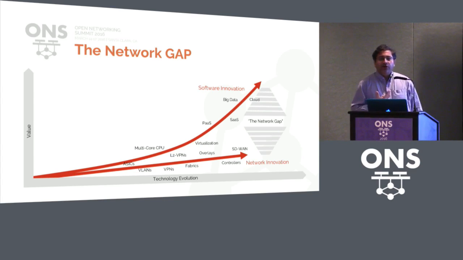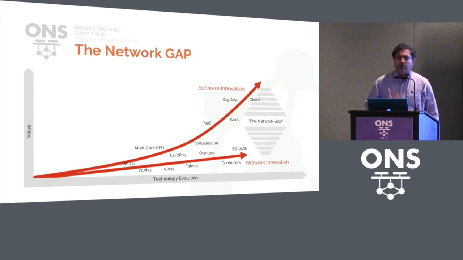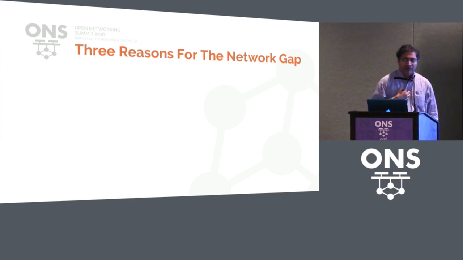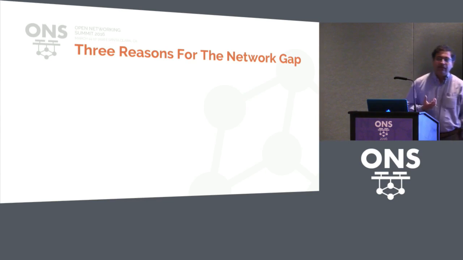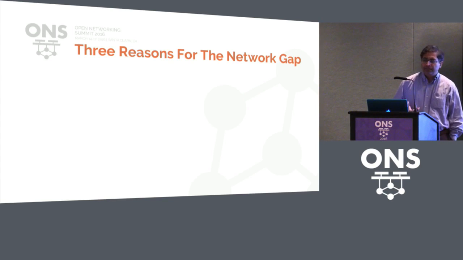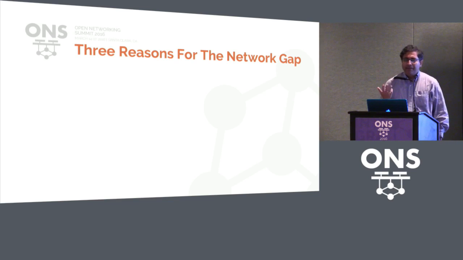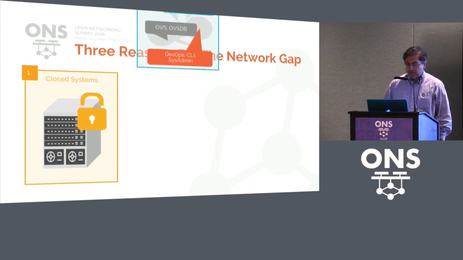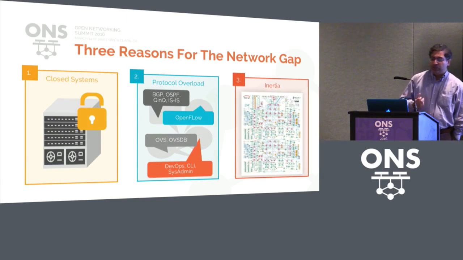And in order to provide a solution to overcome this gap, you need to first identify the reasons. So when we went into the field and tried to help customers build or deploy SDN architectures, there were three main things that the customers pointed out to us, which are not very new or unique.